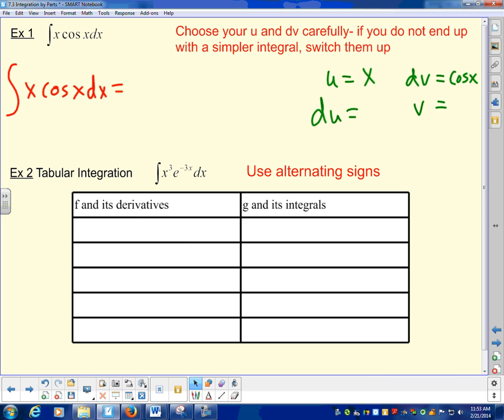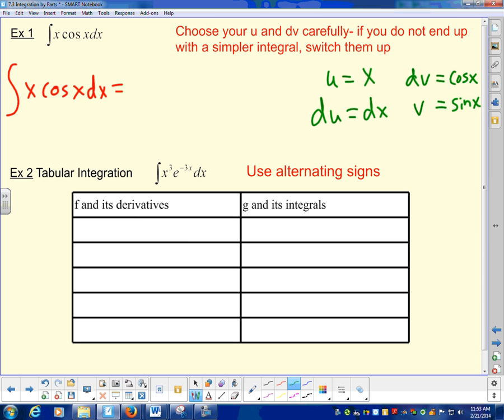So the derivative of u would be just 1 dx, and the integral of cosine of x will be sine of x. That's right. So now I have everything I need for the formula.